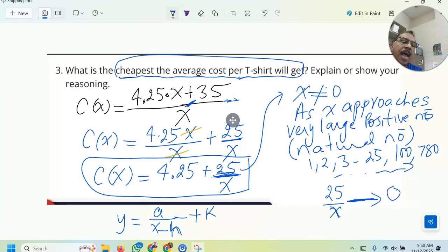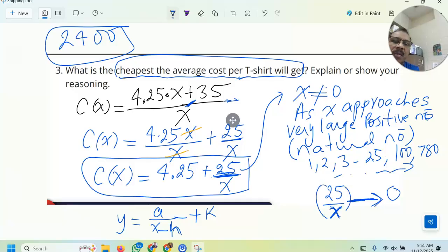So the larger the number of t-shirts that we order, let's say our high school has 2,400 students, I think, at this time. If you order so much, you can see the number becomes so tiny, very, very small. So what remains is, as this expression approaches zero, Cx, the cost, will be 4.25 plus 0.